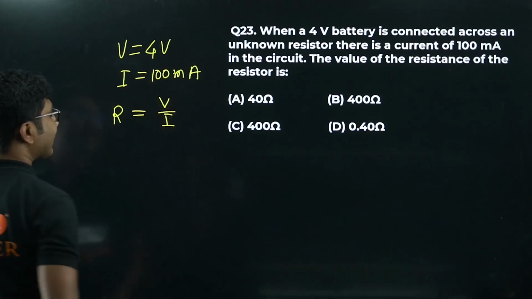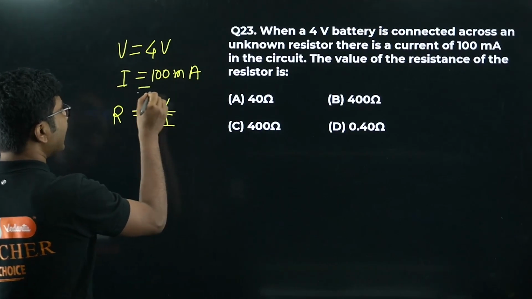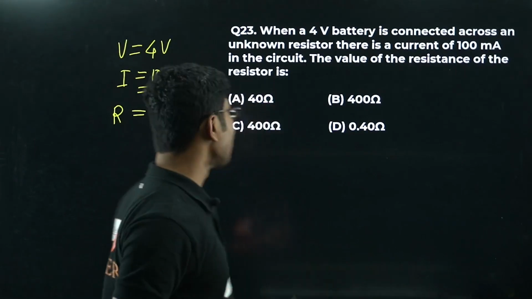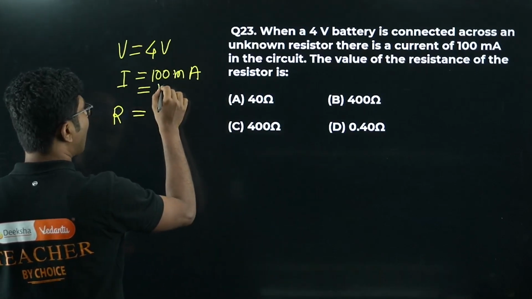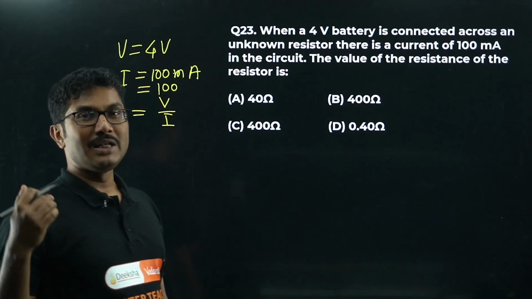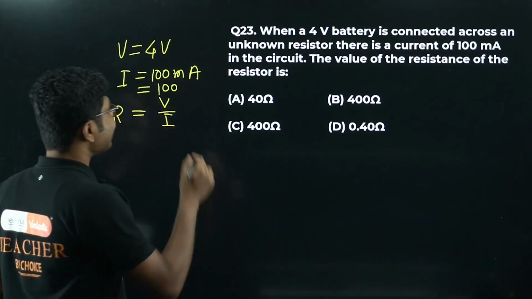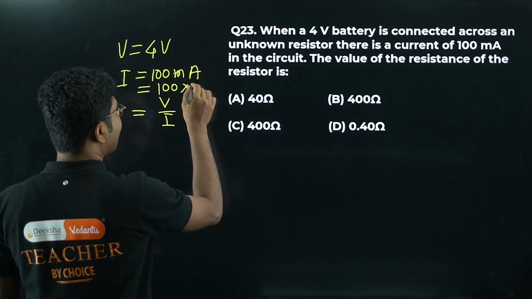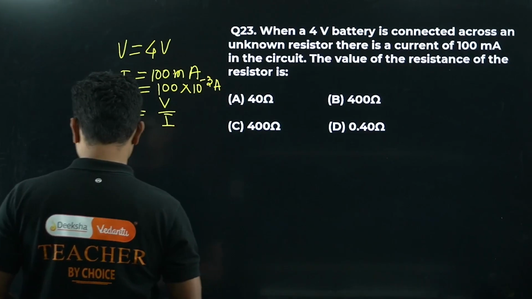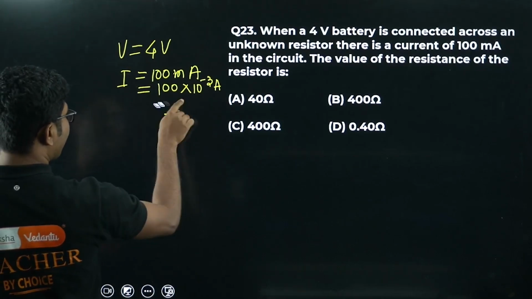Now remember that the trick in this question is that this is not super simple, because 100 milliampere is not the actual unit. You have to convert it into ampere. How to convert? The same way that you convert from millimeter to meter. So everything is the same. You can either multiply with 10 to the power of minus 3 if you are comfortable with this, or the older, easier way for your class.